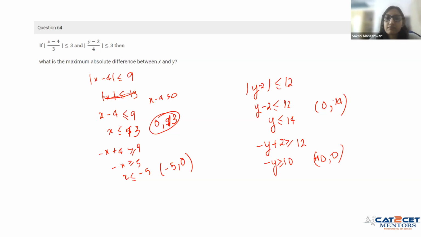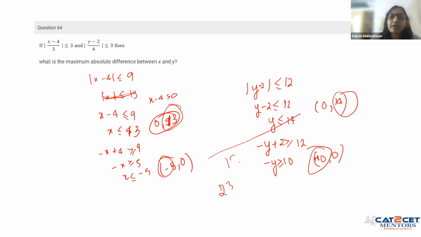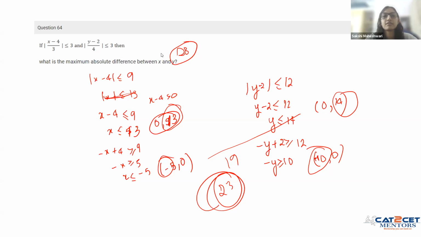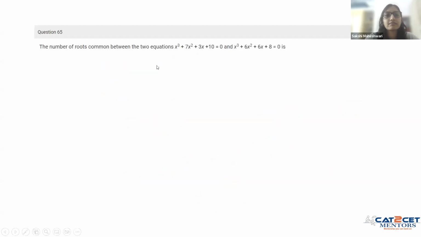So maximum what we can do is either we take maximum of this and minimum of this. This will give us 23, or minimum of this and maximum of this, but this will only give us 19. So let's take this, right? Are you getting it? Guys, are we clear?